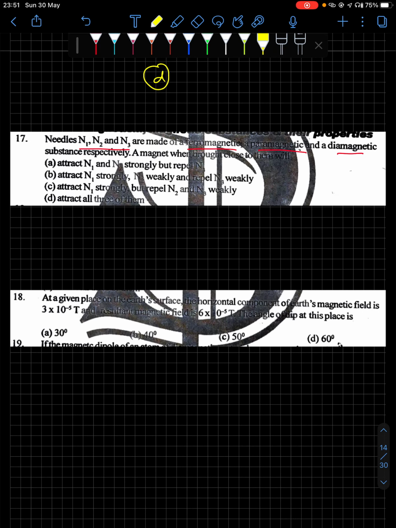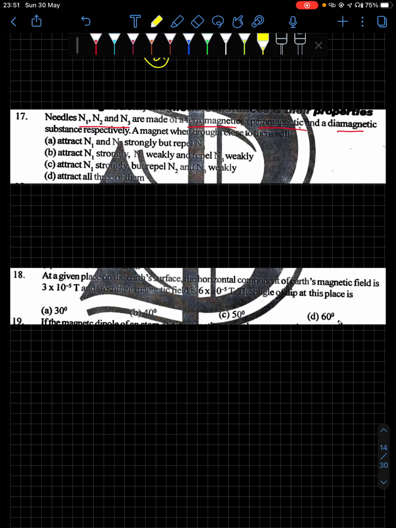Next, 17. Here you have 3 needles, N1, N2, N3, made up of ferromagnetic, paramagnetic, and diamagnetic substances. Now, you bring a magnet close to them, what will happen?